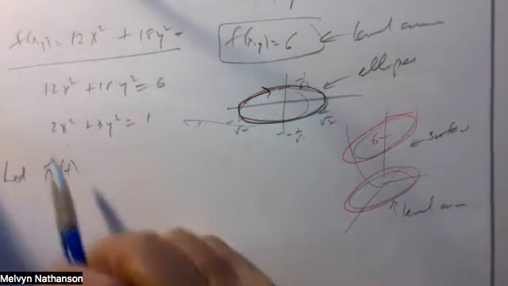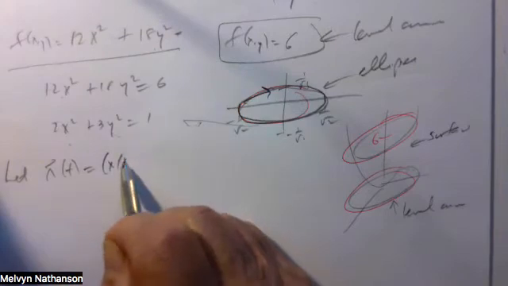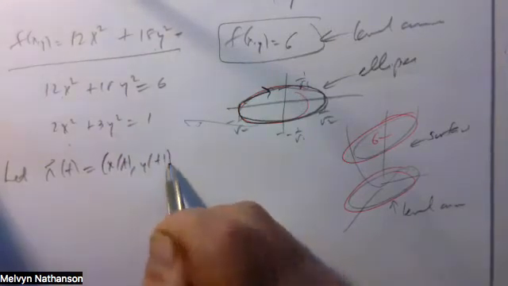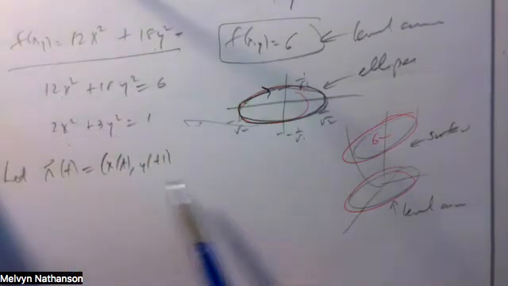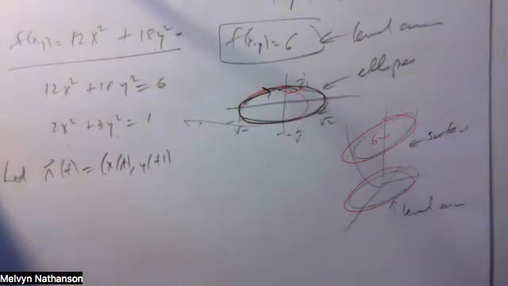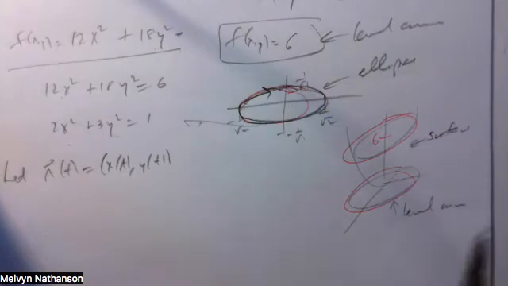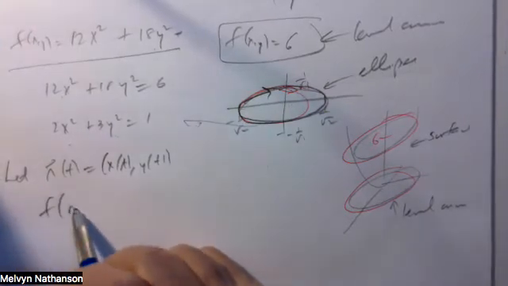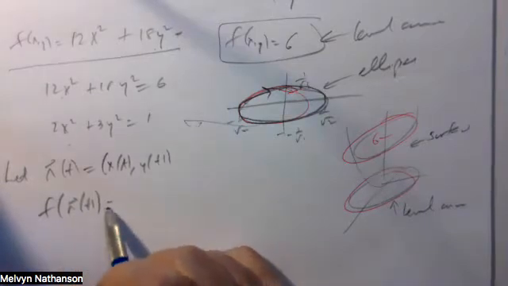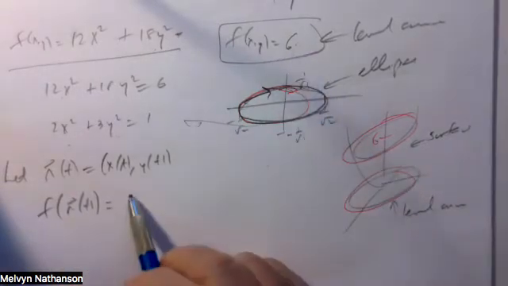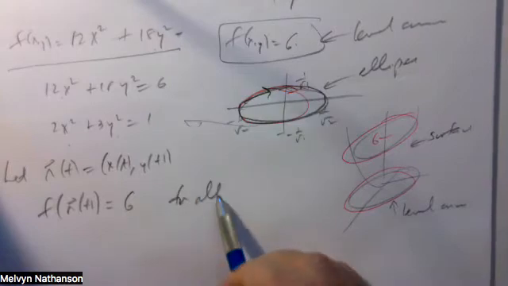So suppose r of t is some function x of t, y of t. So this gives us a curve in the xy plane. And let's say it's a curve on this level curve. So f of r of t is equal to 6 for all t.